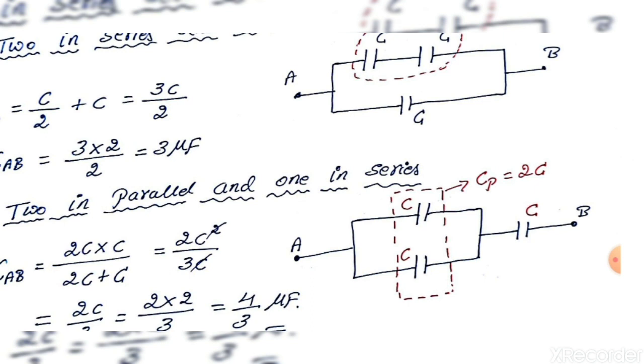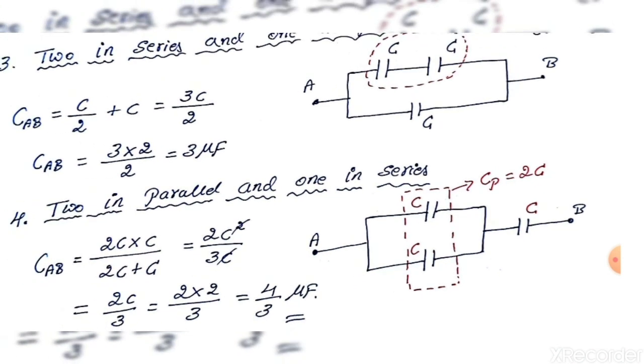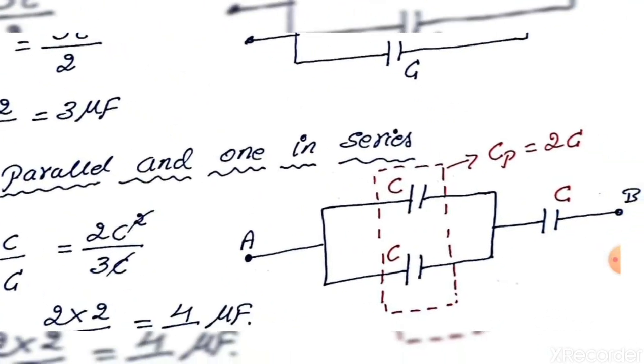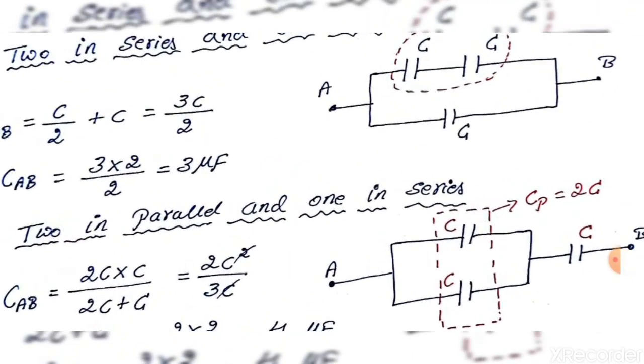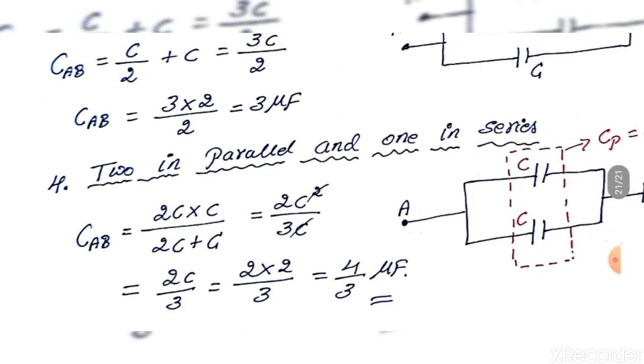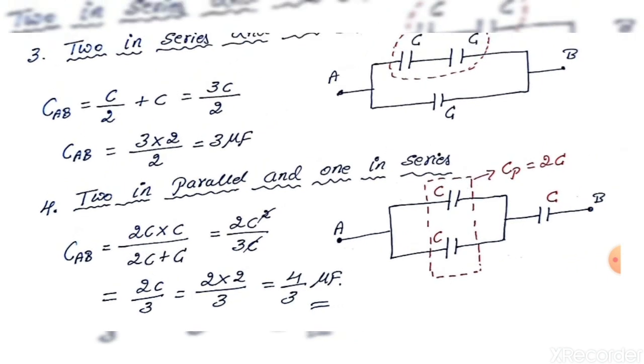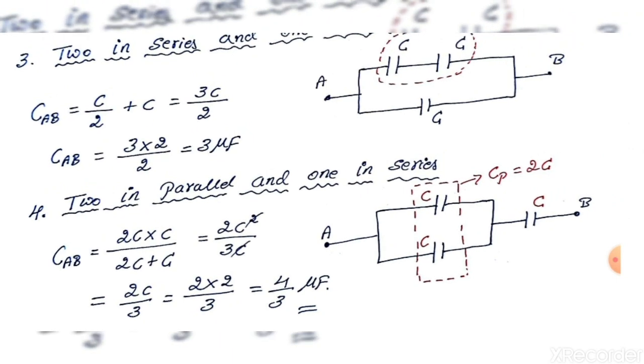And those 2 capacitors which are in parallel are in series with the other C. So here you can take it as one single combination as 2C, and this is C. So now we use the series combination formula. According to series combination, it is 2C into C by 2C plus C. So after calculation, you will get 2C by 3, and substituting the C value as 2, that is 4 by 3 microfarad.